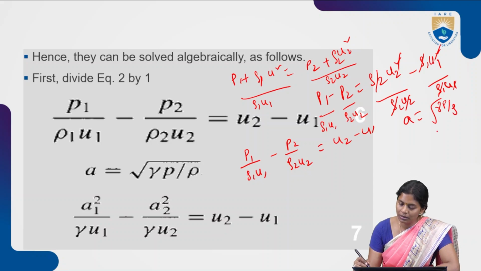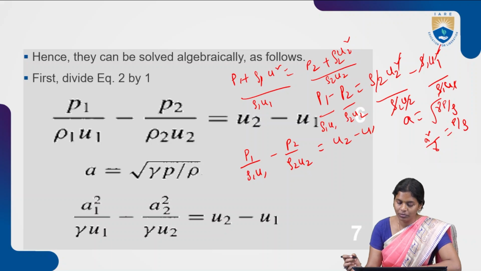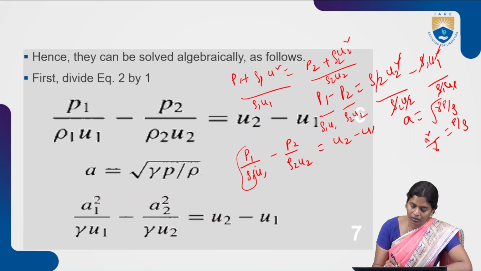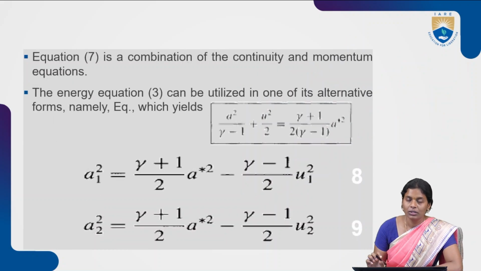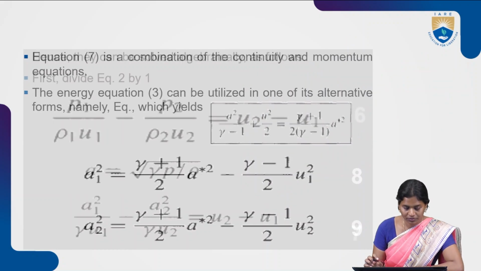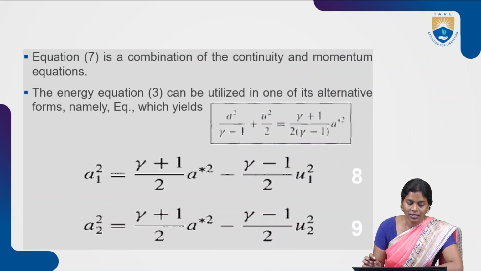So P by rho we can write as A square by gamma. So P by rho is nothing but A1 square by gamma U1 minus A2 square by gamma U2 equal to U2 minus U1.